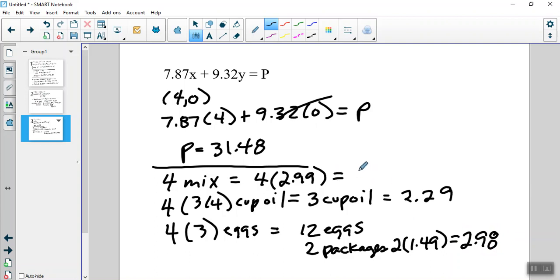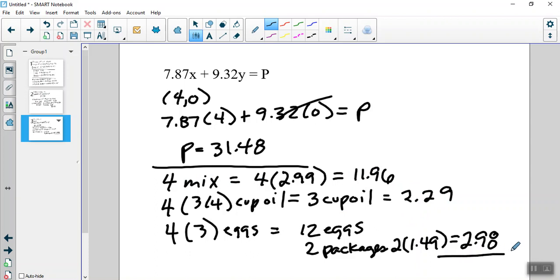All right, this one is not $3.96. That's wrong. It's $11.96. Okay, so now I need to add these 3 numbers up to find the real price of making 4 batches of corn muffins.